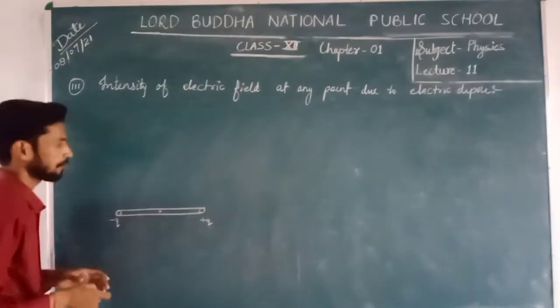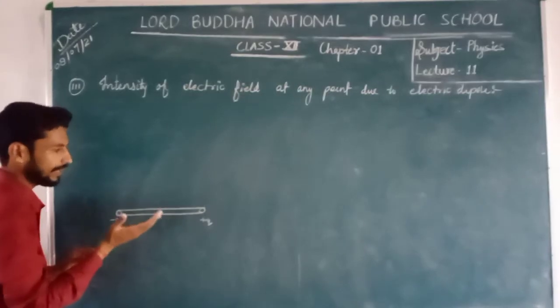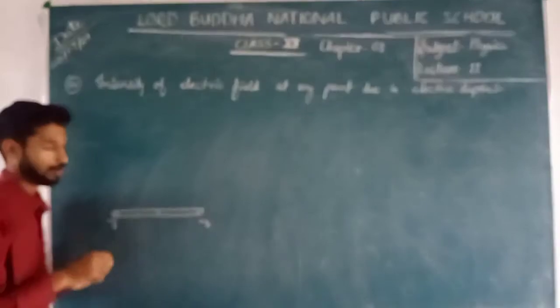In this condition, we will take the point between the equatorial position and axial position. Suppose that this will be the axial position and this perpendicular point will be equatorial, but we will take this point between this equatorial position and this axial position. So we can take here and also here.